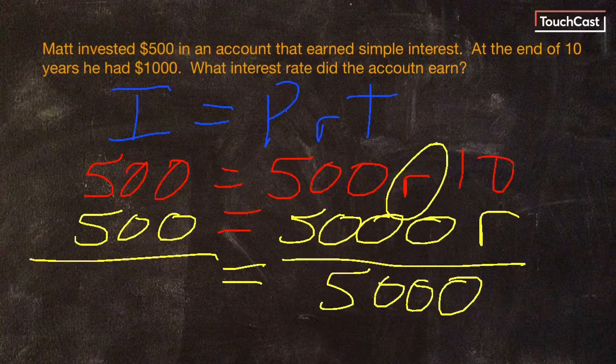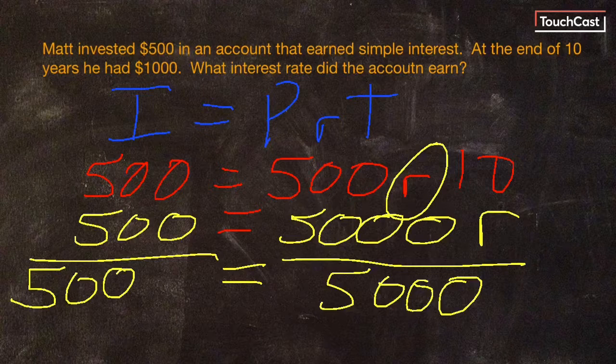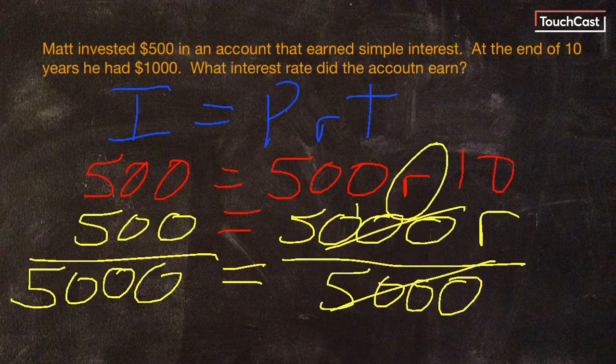This is simple algebra. If you were to take a college math course, you might get into more complicated equations like this. Okay, so if I divide 5,000 by 5,000, I'm left with 1. So anything divided by itself is 1. So this will just leave me with the R on that side of the equation. 500 divided by 5,000 is 0.1.